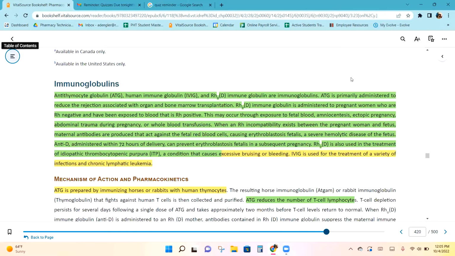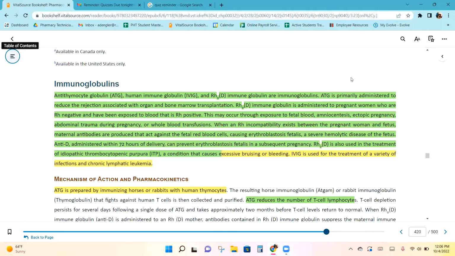Anti-thymocyte globulin, human immune globulin, and RhoD immune globulin are immunoglobulins. ATG is primarily administered to reduce the rejection associated with organ and bone marrow transplantation. RhoD immune globulin is administered to pregnant women who are Rh negative and have been exposed to blood that is Rh positive.